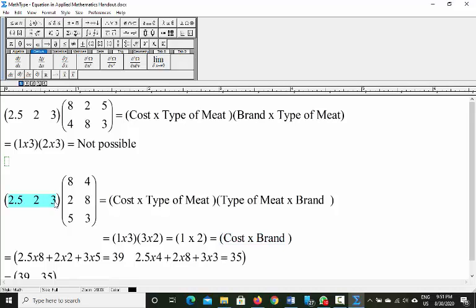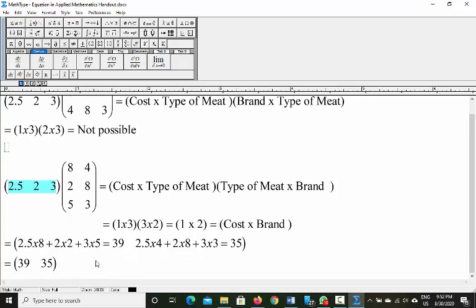We multiply the first row with the first column: 2.5 multiplied by 8 plus 2 multiplied by 2 plus 3 multiplied by 5, so this is 39. Again we multiply the first row with the second column: 2.5 multiplied by 4, 2 multiplied by 8, 3 multiplied by 3, that is 35.